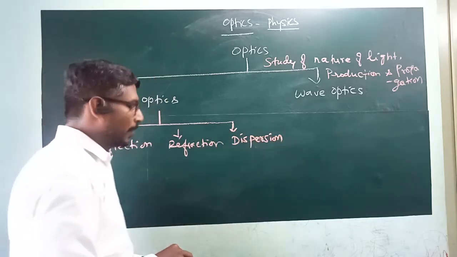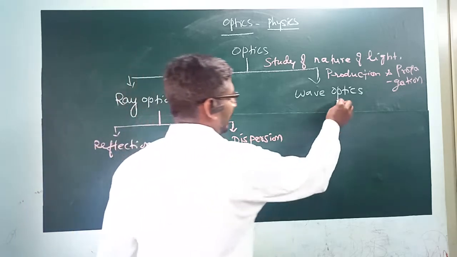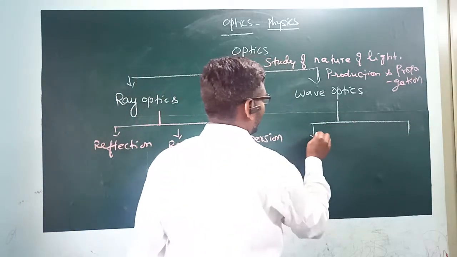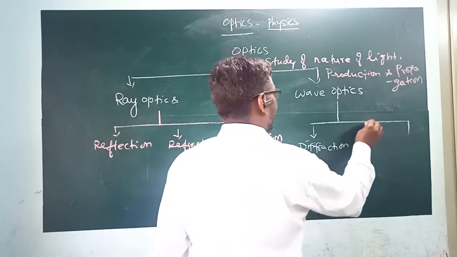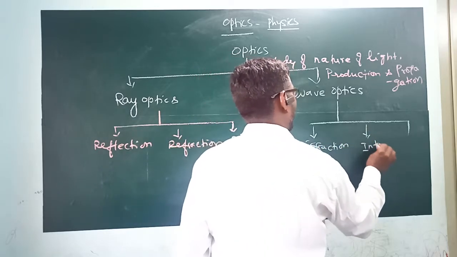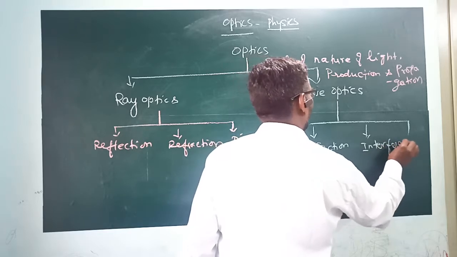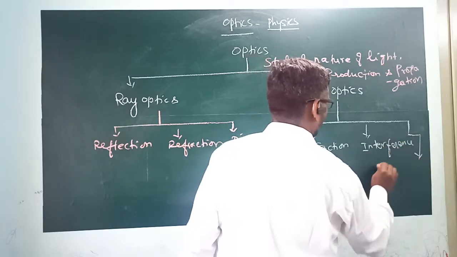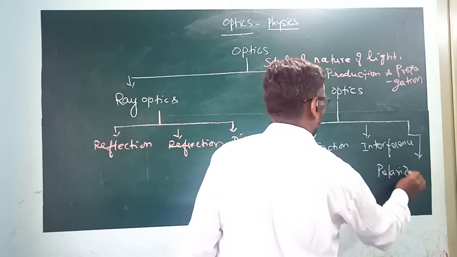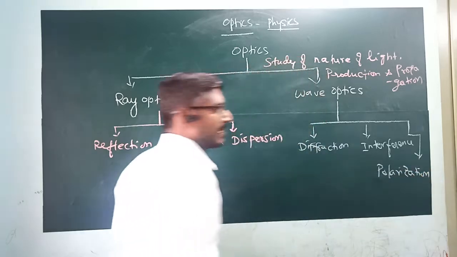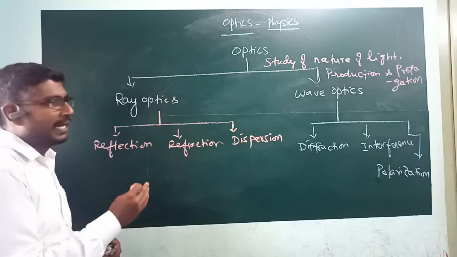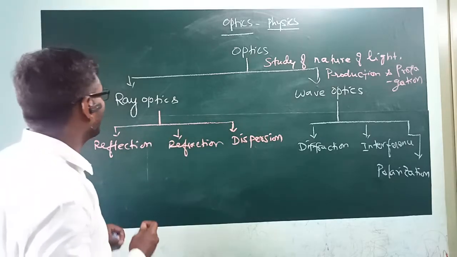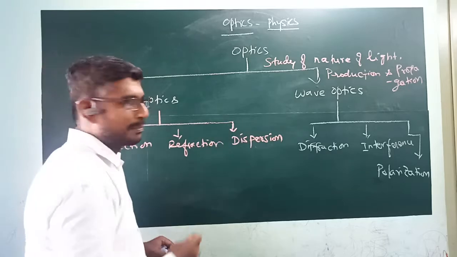In wave optics, you are going to learn about diffraction, interference and polarization. Alright? So these pictures should come into your mind when you are learning optics. These are the two different branches, and in our class and lectures today we are going to see ray optics followed by wave optics.